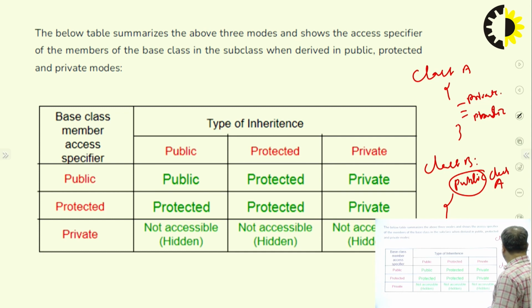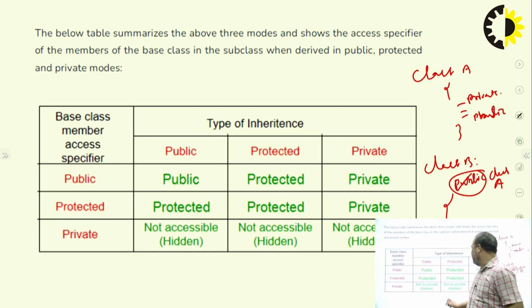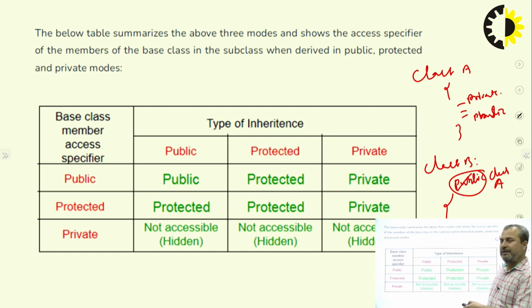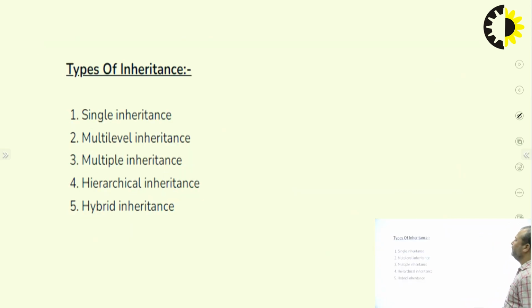If the access specifier of the base class is private, the whole public and protected all become private, and private cannot be accessed directly by the derived class object. That's why it is written not accessible here. So this is the meaning of the table.